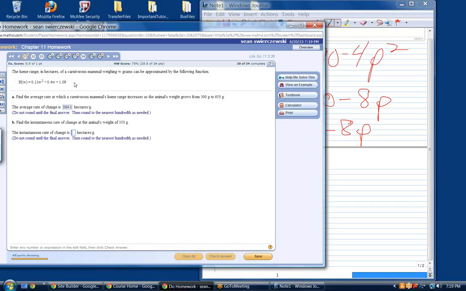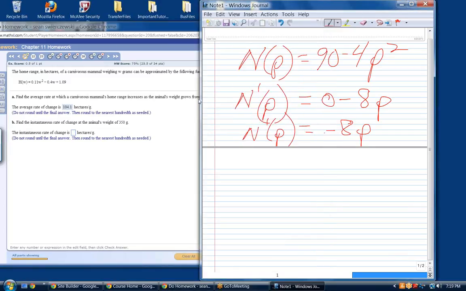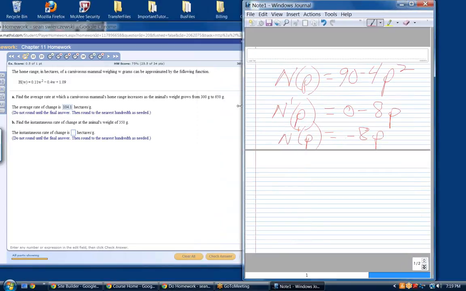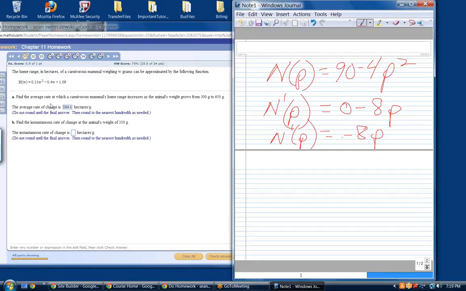Okay, all of these look like they're going to be very, very similar. I got the first part of it. I didn't know how to do the instantaneous rate of change. So what is H prime of W? The prime means first derivative.